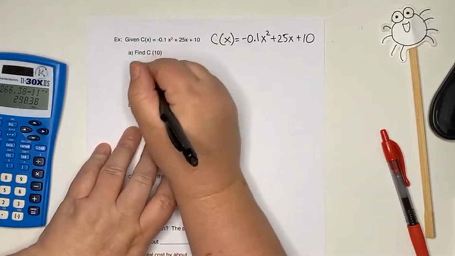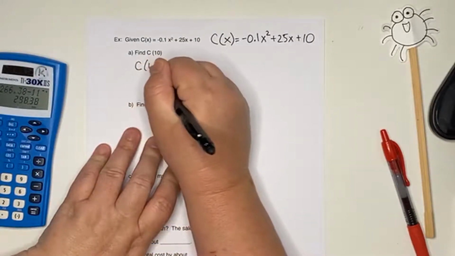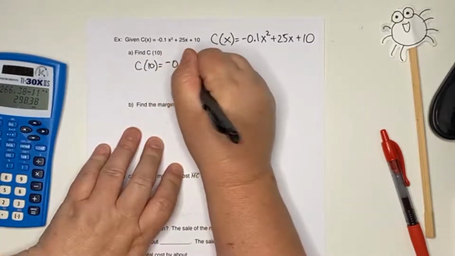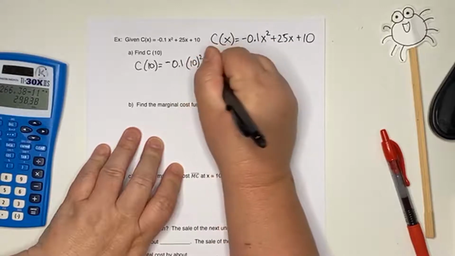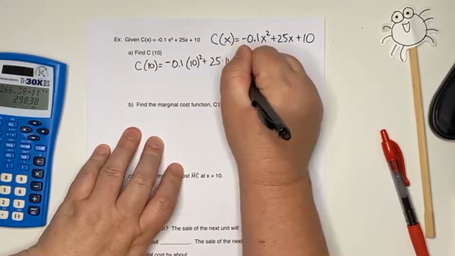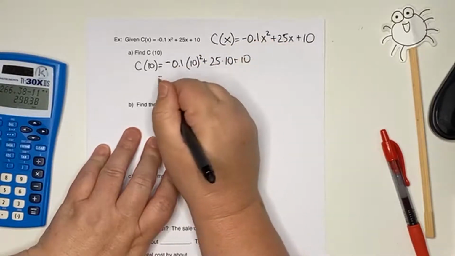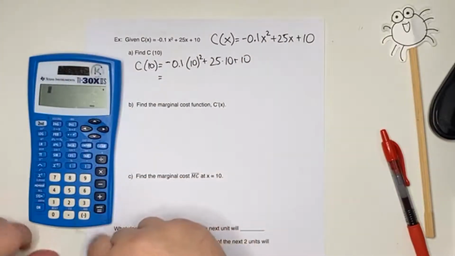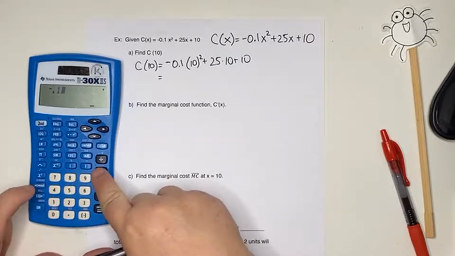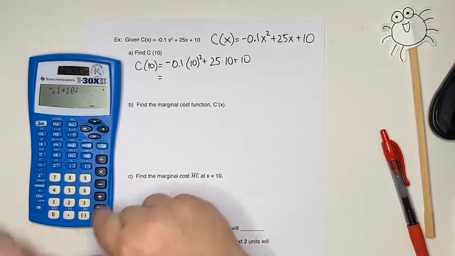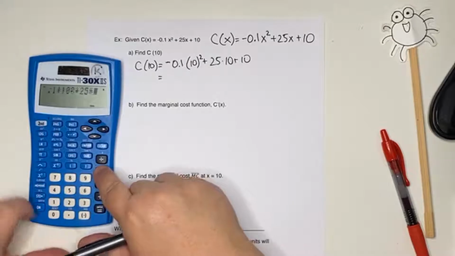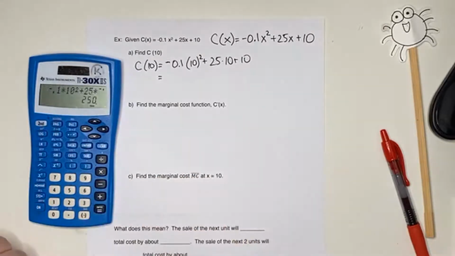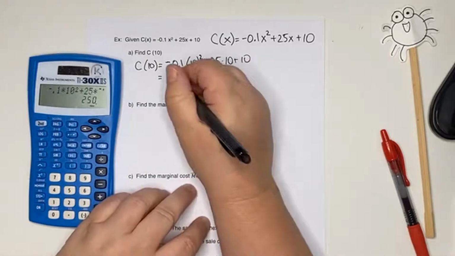So C of 10 is negative 0.1 times 10 squared plus 25 times 10 plus 10. Pretty cool, huh? You were wondering whether I'd ever remember that there's a squared key. I did.